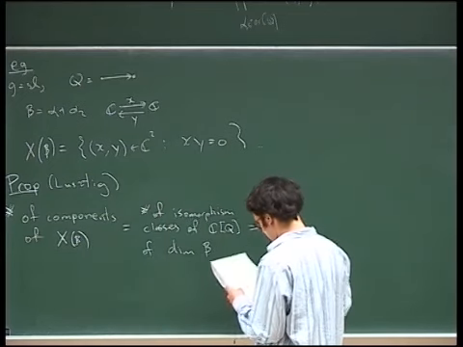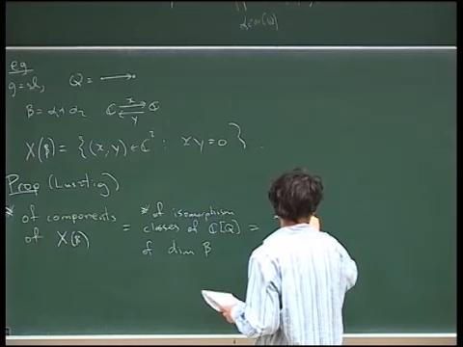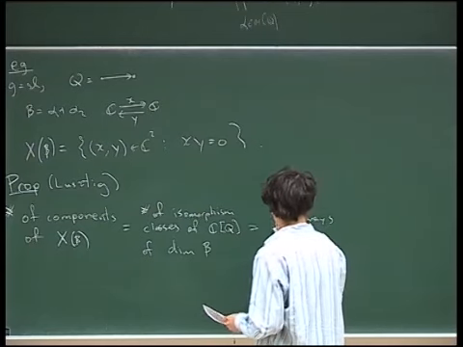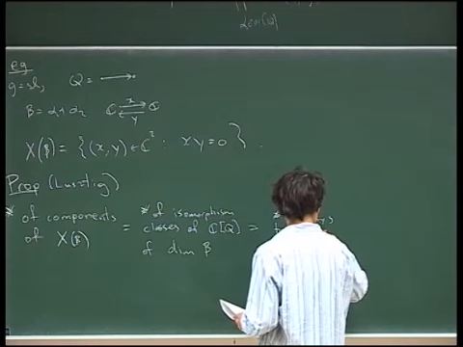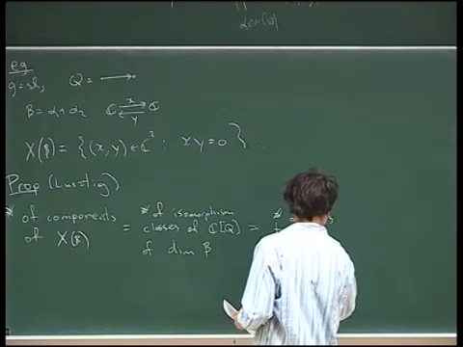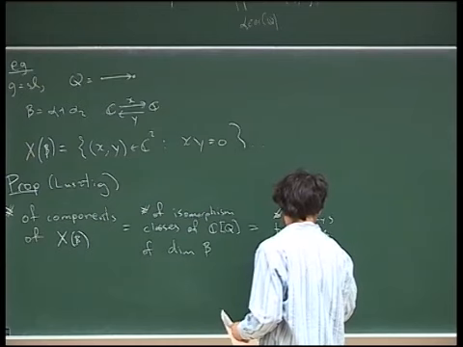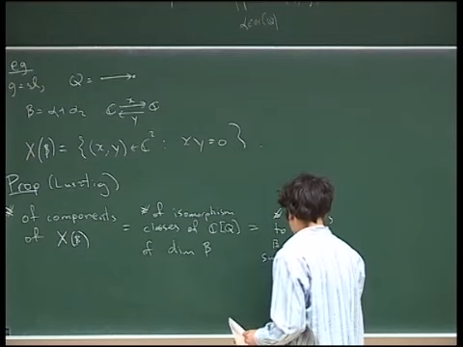That's the same as the number of ways to write beta as a sum of positive roots.